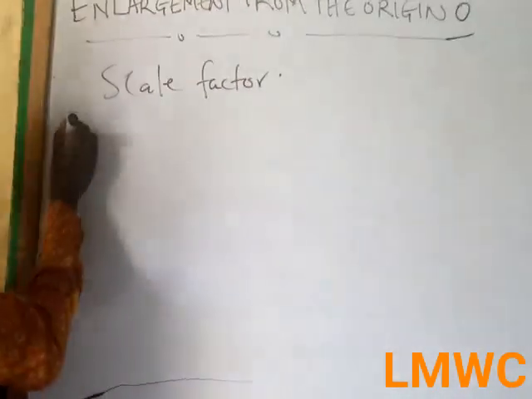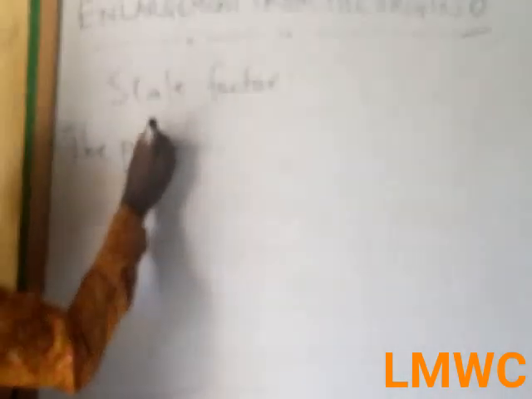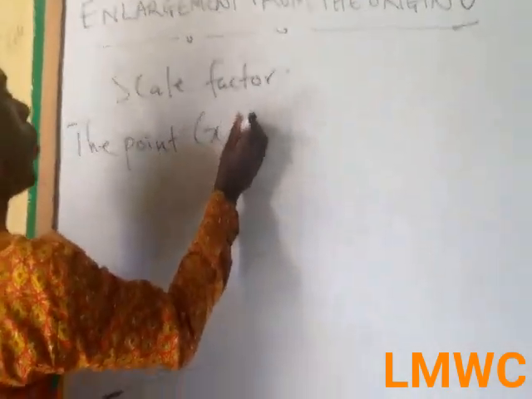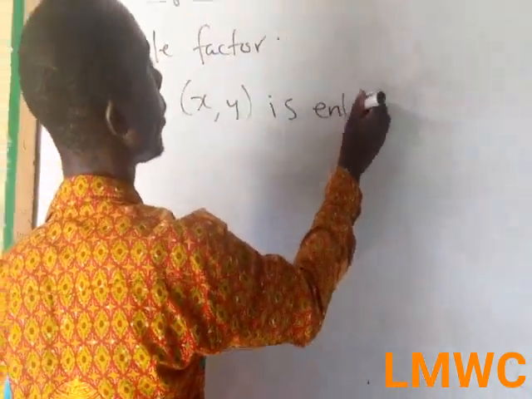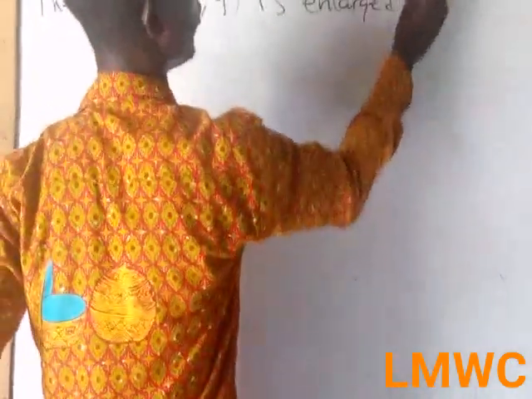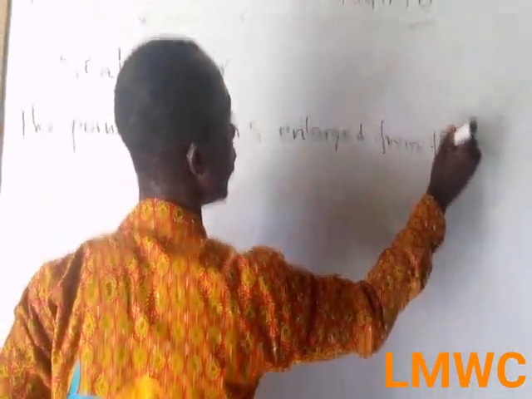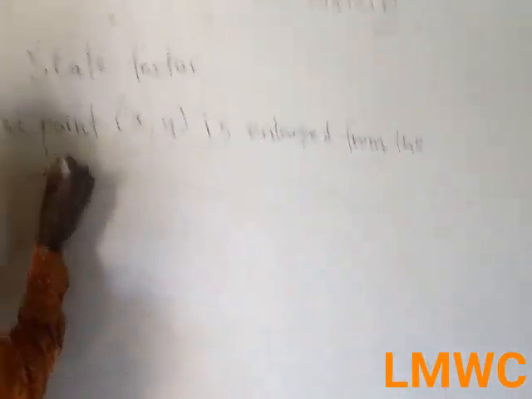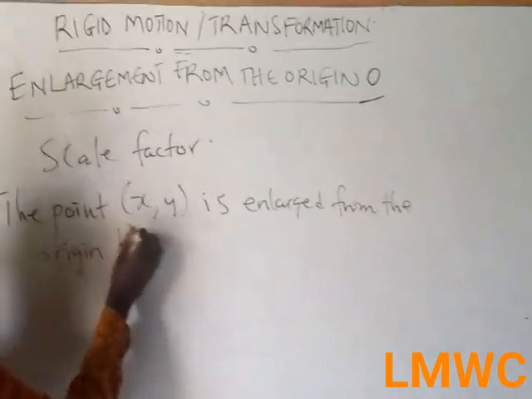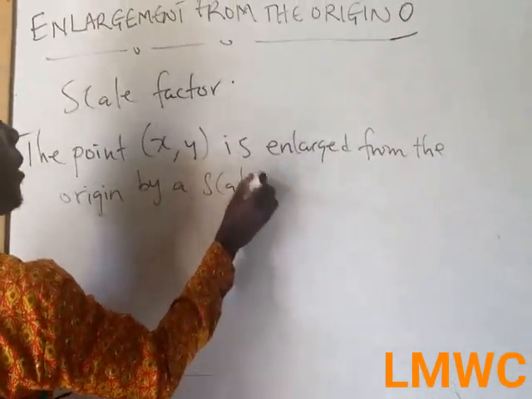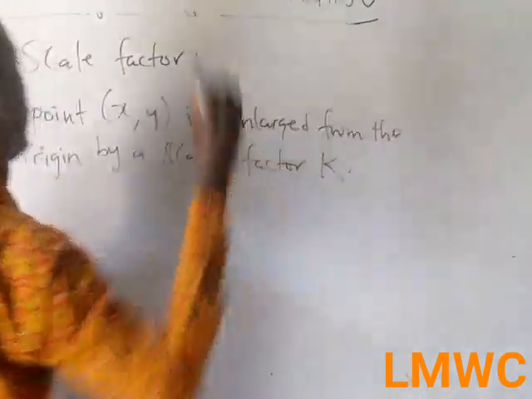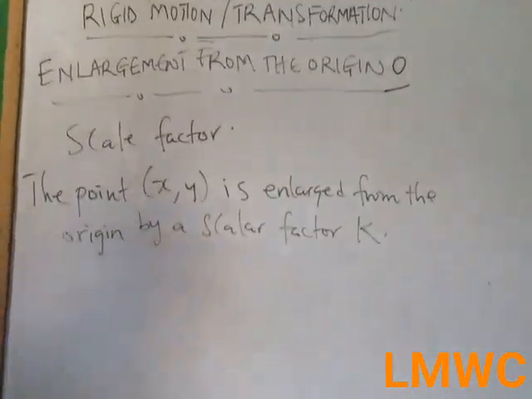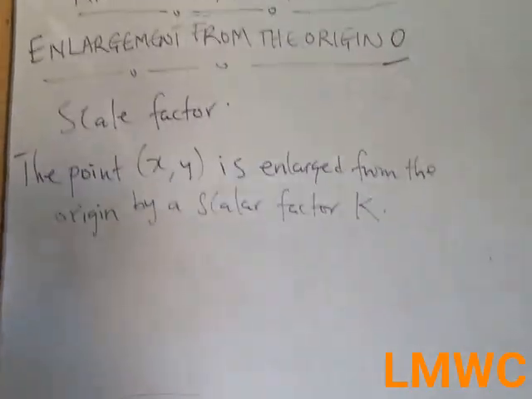So if they give you the point (x, y), we know this is the original coordinates, and it is enlarged from the origin by a scalar factor k.